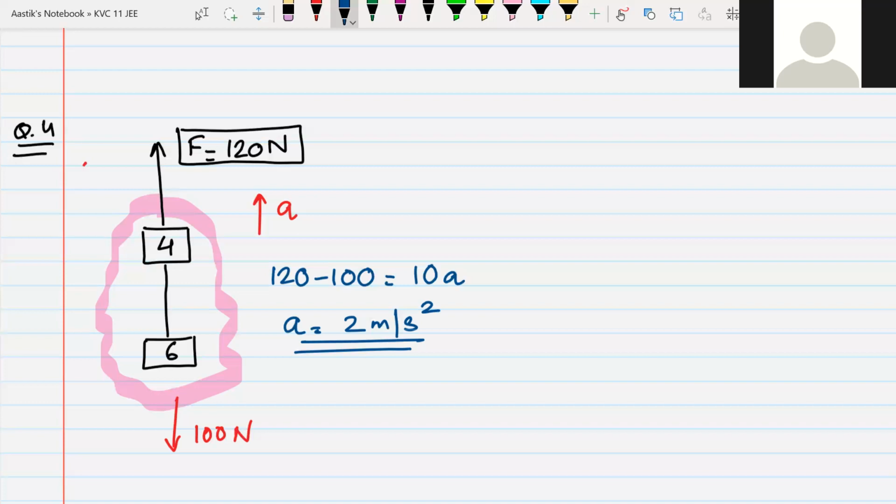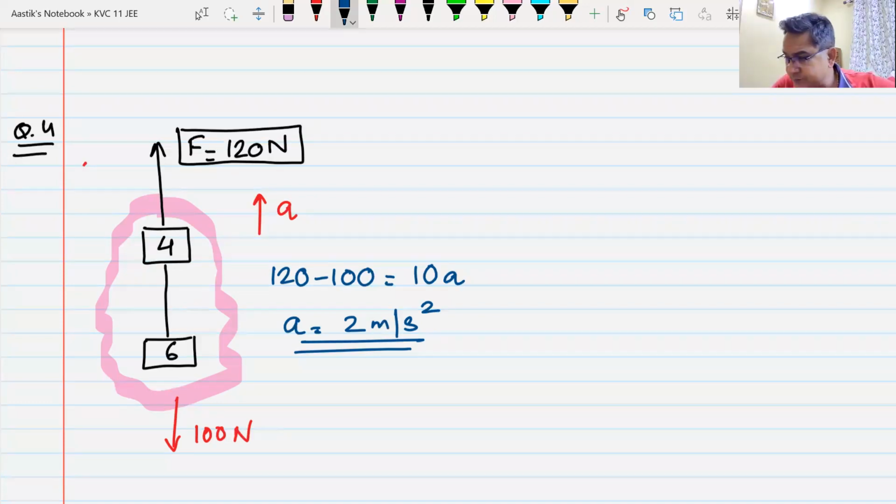Completed. What is the answer for tension between the two? Yes, what is the answer for tension? I asked you to solve the question, no? What were you doing? You're solving the question, no? What is the value of this tension T between the two blocks? Anyone got the answer?